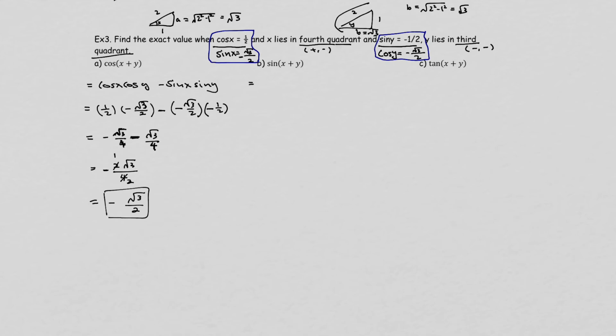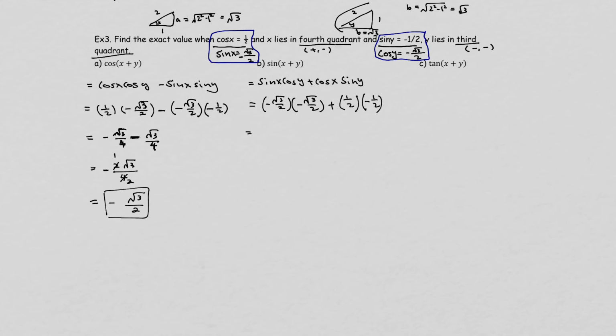What about sine? Sine, you should have sine x times cosine y plus cosine x times sine y. So your value for sine x is negative square root of 3 over 2, negative square root of 3 over 2 for cosine y, plus cosine x is 1/2, sine y is negative 1/2.